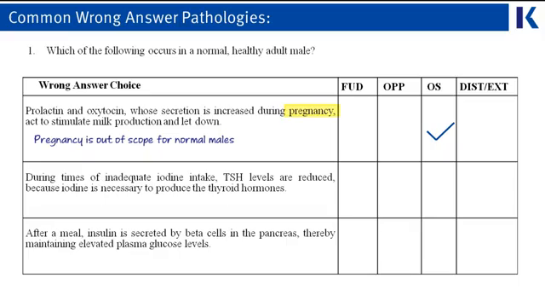Our next distractor, which is actually the AAMC's word of choice for a wrong answer, deals with negative feedback. We should probably wake up on test day knowing that iodine is necessary for thyroid hormone synthesis, which is, of course, why it's in our salt. So without adequate iodine, what happens? In a normal, healthy adult male, that is.